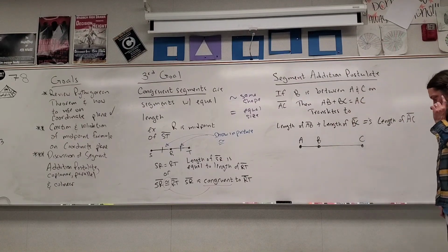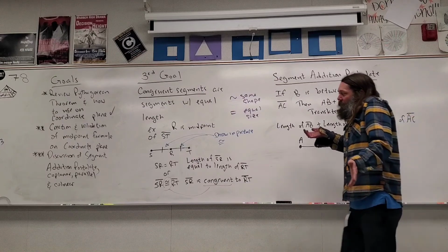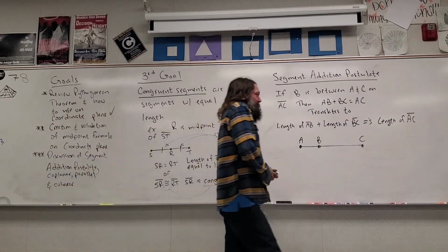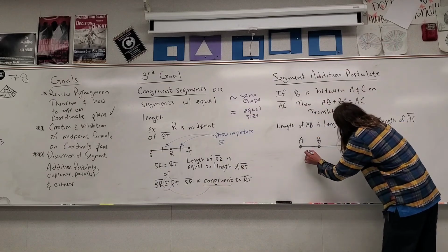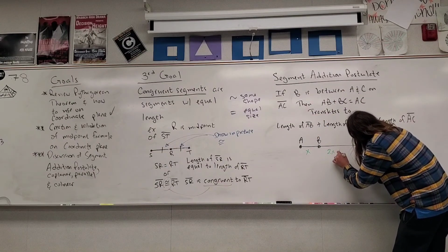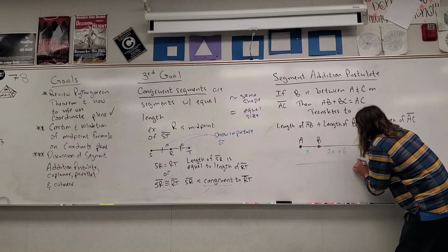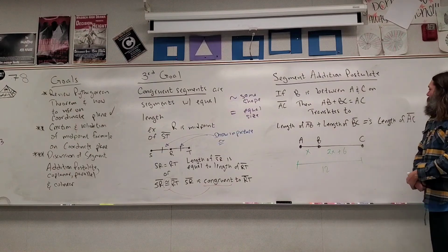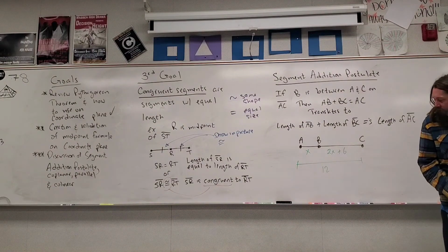Okay, now you're going to set up equations for this, right? So maybe you have something that looks like this, and then you could say something like this. So you could literally write the equation for this.